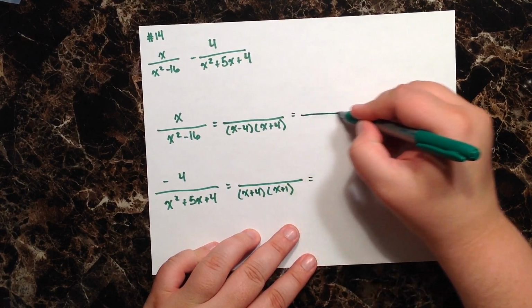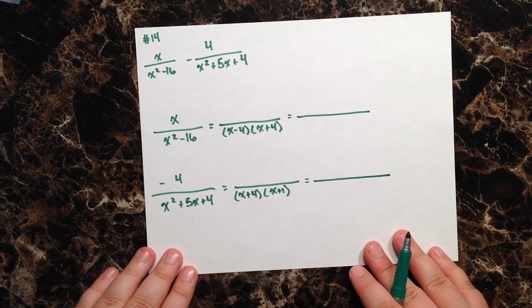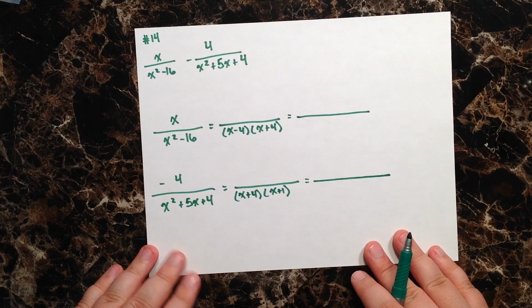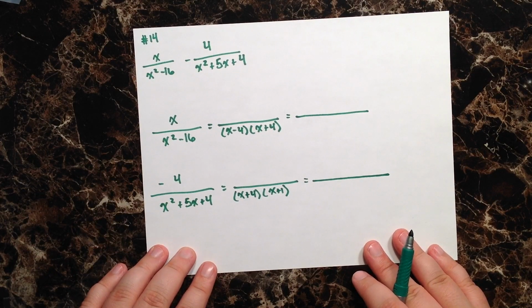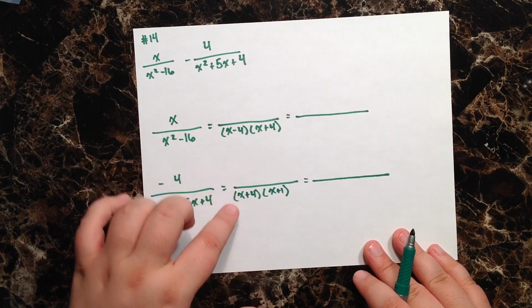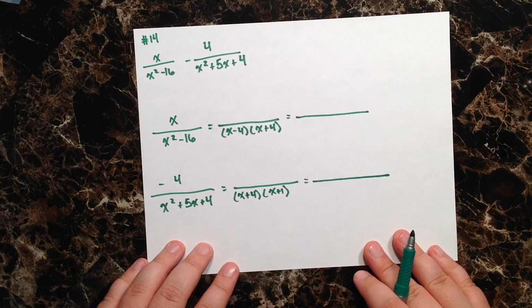Now that I've factored the denominators from both of my fractions, I can start to determine what the common denominator is going to be. The common denominator has to have the factors from both denominators. You'll see what that means when we set it up.